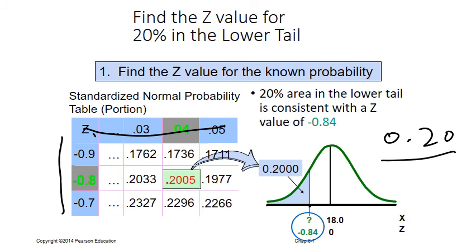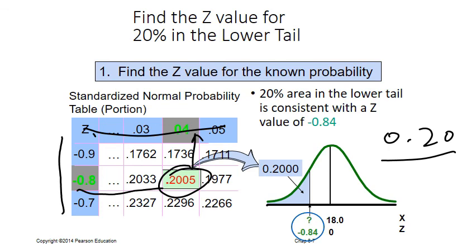If you cannot find 0.20 accurately, you can find the nearest numbers, but fortunately here it is 0.20, and this 0.20 is against minus 0.84. So z is minus 0.84. As we are doing the reverse process, you can see we are going towards finding x.